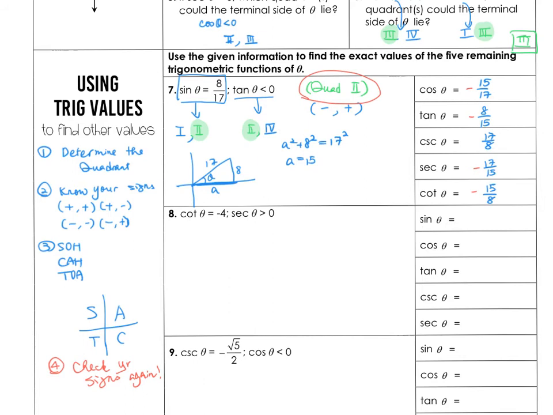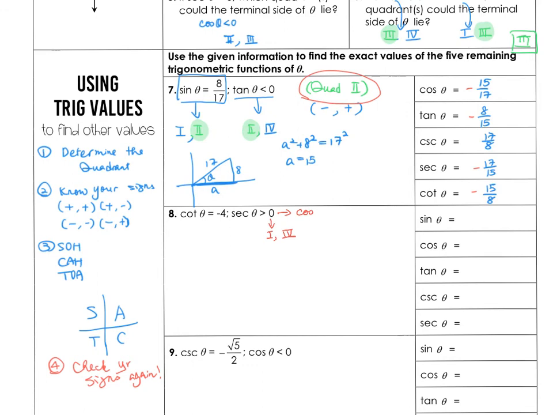So let's look at the next problem. We first have to determine which quadrant it is, right? So I'll use red this time. Secant is related to cosine. Cosine has to be greater than 0, which means it can be in first quadrant. It may be in fourth quadrant. Now let's look at cotan. Cotan equals -4, which is negative.